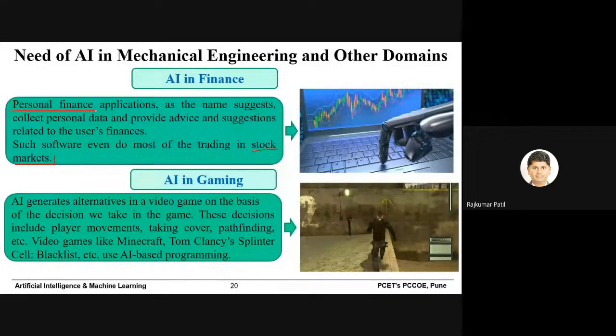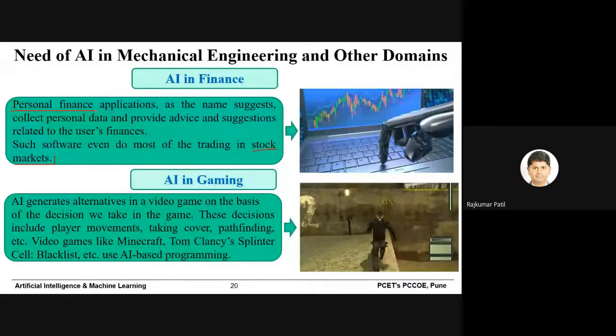Every individual plays the game with his own thought process, and over a period of time he evolves his thought process. And if the gaming system is not smart, then that game will not keep attracting you.